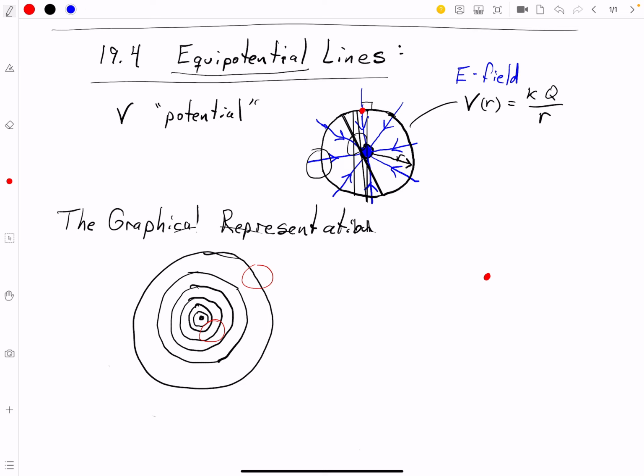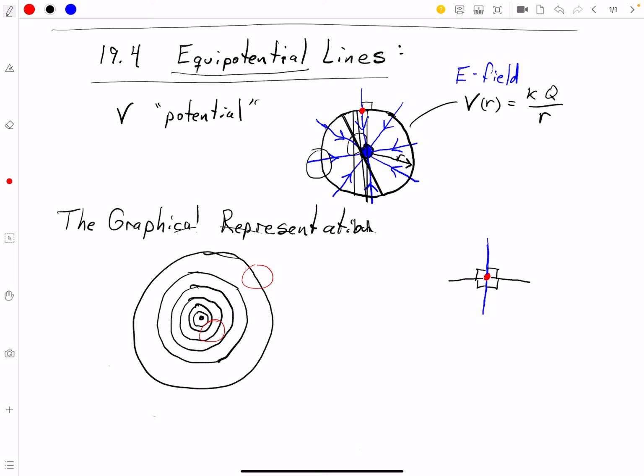We have our E field coming through. And we're zoomed in, so you can hardly even tell there's curvature to this. And at this point, we have right angles.